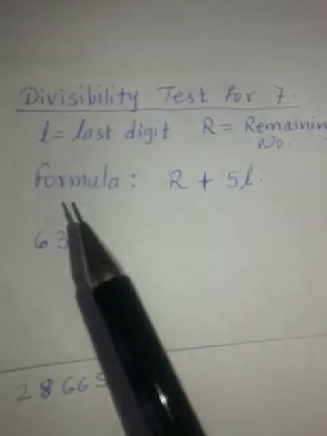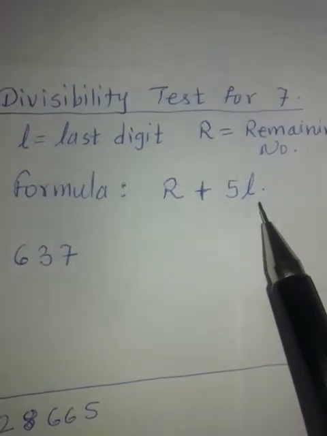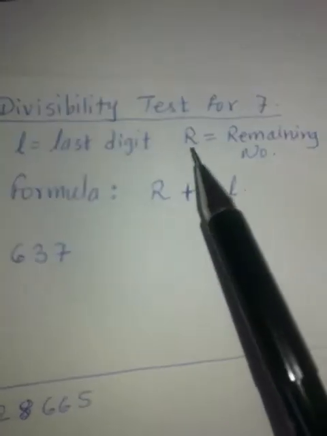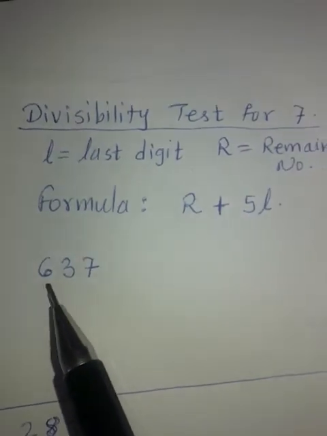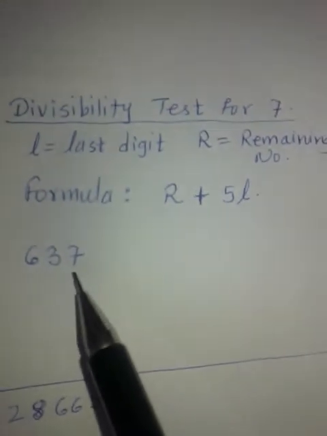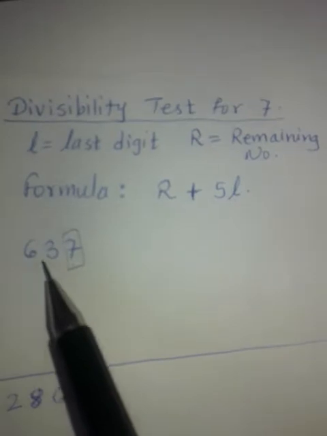See here, I have written one formula: R plus 5L. Let me tell you the meaning of it. L is the last digit and R is the remaining number. Let's understand it. 637. What is the last digit here? Last digit is 7 and the remaining number is 63.